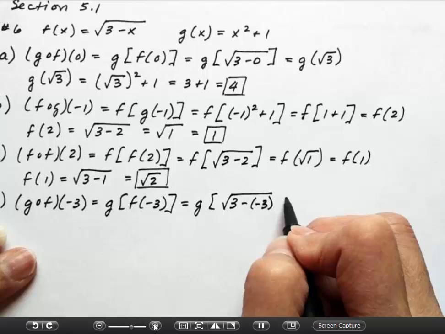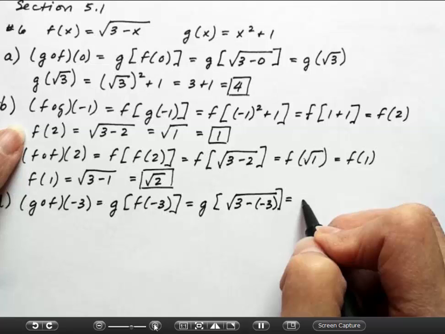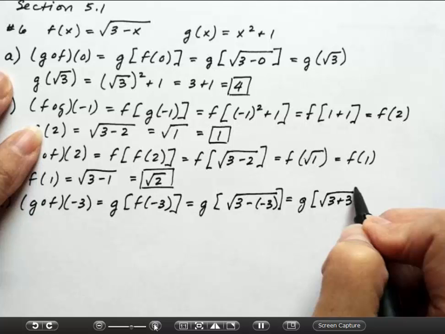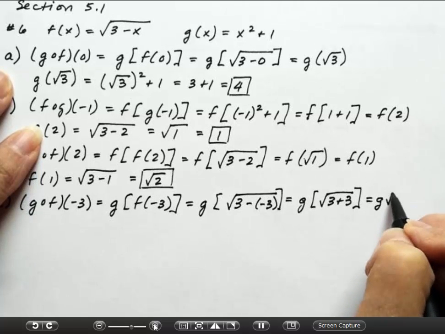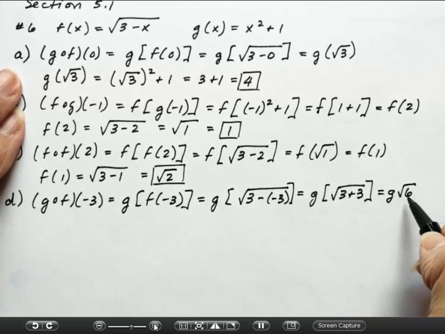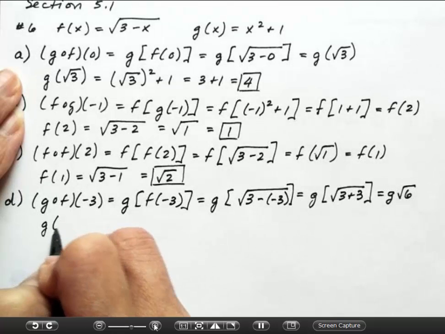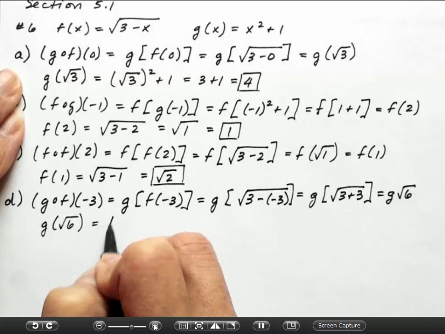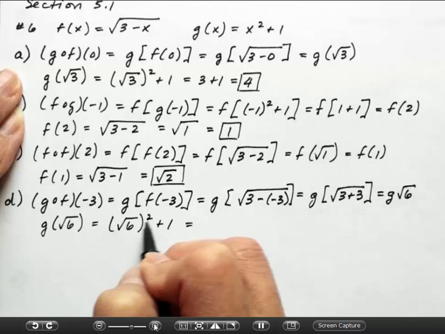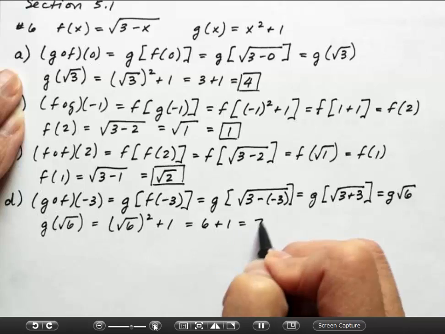And that gives me g of the square root of 3 plus 3, which gives me g of the square root of 6. So now I need to put the square root of 6 into my g function wherever I have an x. So g of the square root of 6 is going to give me the square root of 6 squared plus 1. The square root of 6 squared is 6, plus 1 gives me an answer of 7.